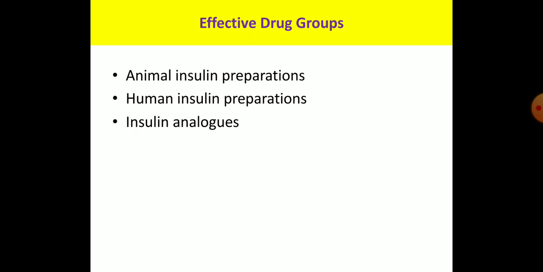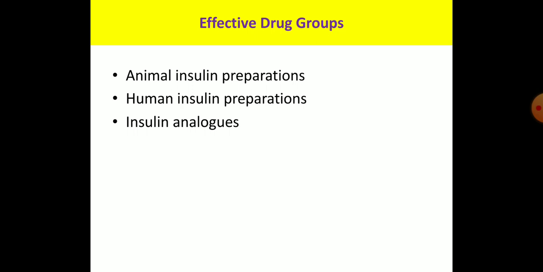Now animal insulin preparations: when insulin therapy was initially discovered and started, bovine and porcine insulins were used, but because of their antigenicity, development of antibodies, insulin resistance, and various other adverse reactions, except the advantage of cost, animal insulin is now not at all preferred. They are obsolete. So now we have to select from the human insulin preparations and the insulin analogs.